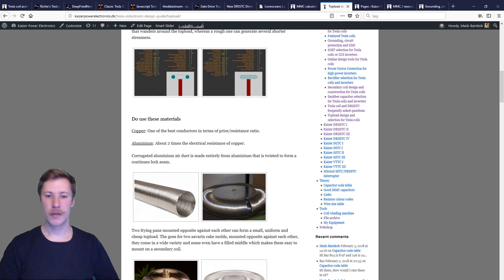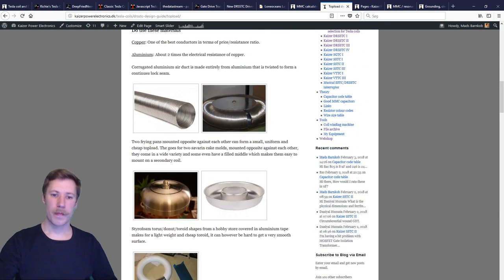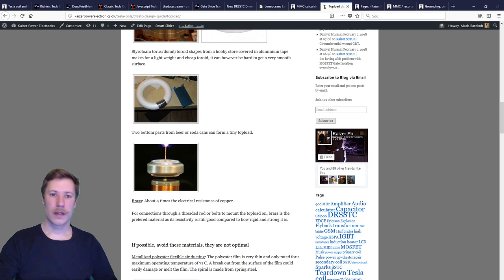So you don't see that huge difference in a copper versus an aluminium toroid or top load. Even aluminum tape can be used with the exact same results. As long as you have a large surface, you would not have a problem with the maybe few amps of current that you draw through the toroid.